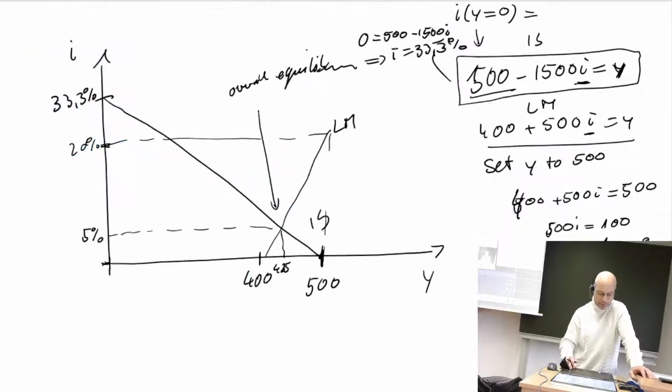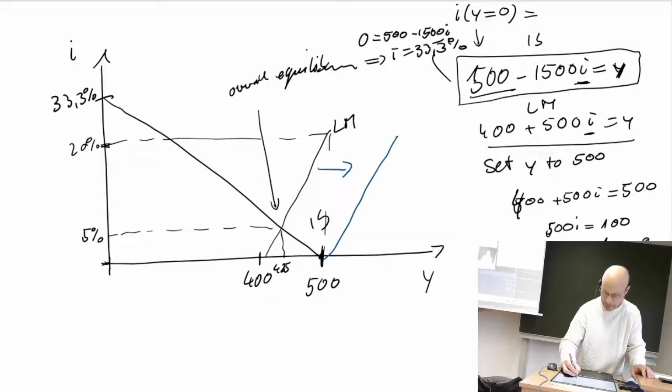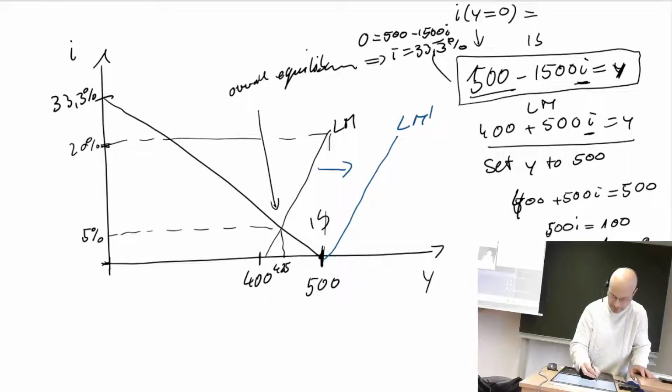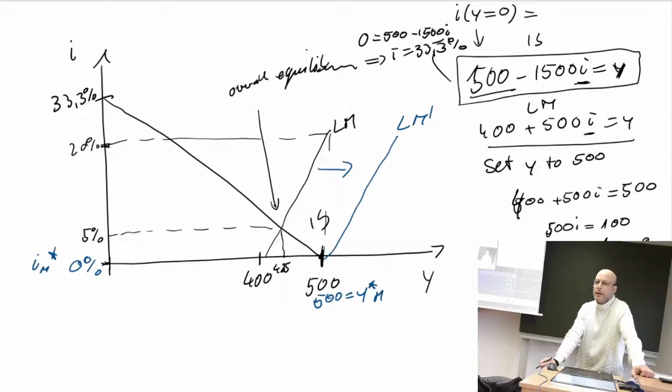And let's put this also in our new picture. You also already mentioned this. This means just a parallel shift. Now LM is starting at these 500, and then we have here 0% and IM star, and 500 is YM star.